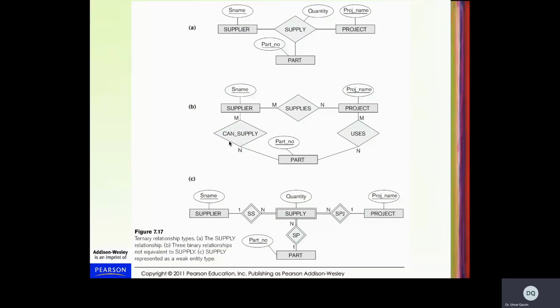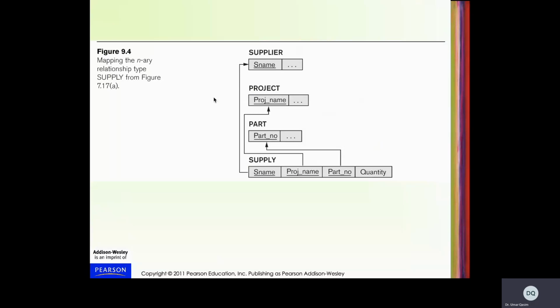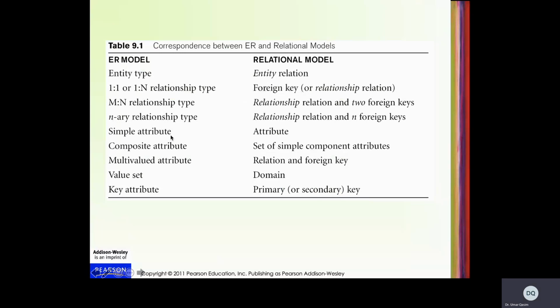In order to map this, we will create a new relation in which we put the primary keys of these three tables as foreign keys. If you look at this supplier table, you can see supplier name, project name, part number, and quantity. So this is how we map it.